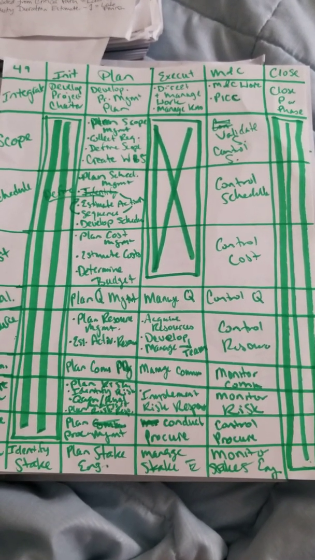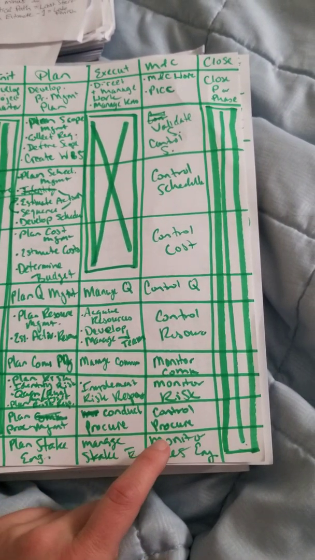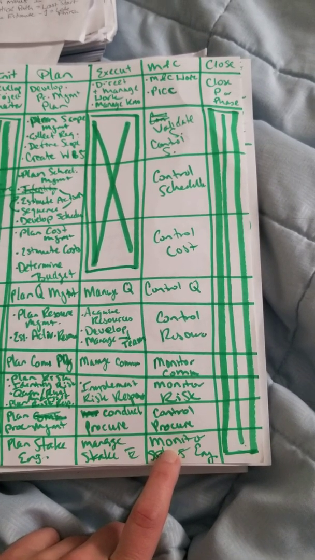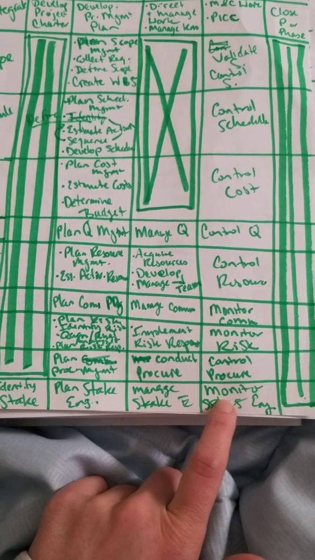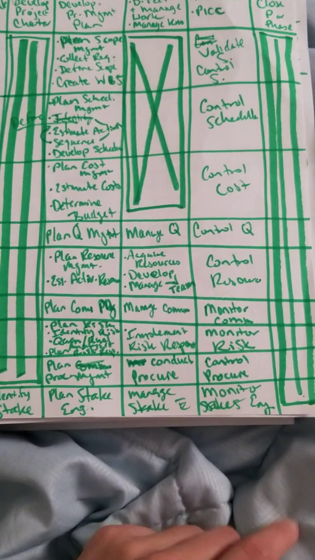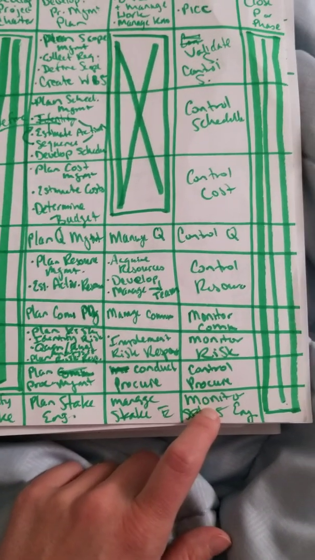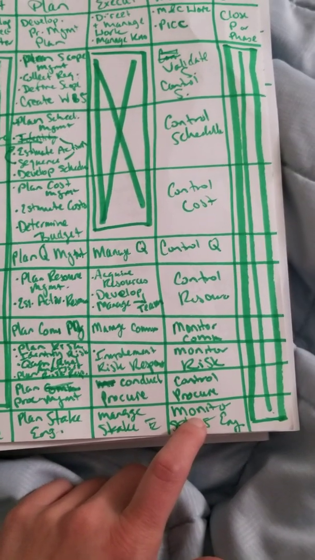And just one more point that I want to point out that I use to remember is that in the manage and control, you monitor the things that you obviously can't fully control in life. Like, you monitor stakeholder engagement because you don't have complete control over other people, right?